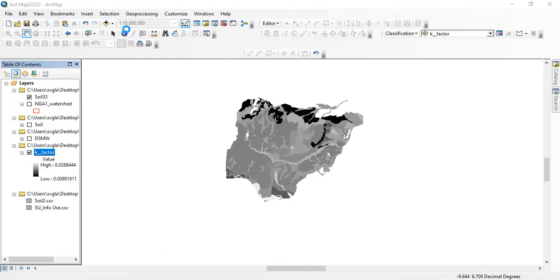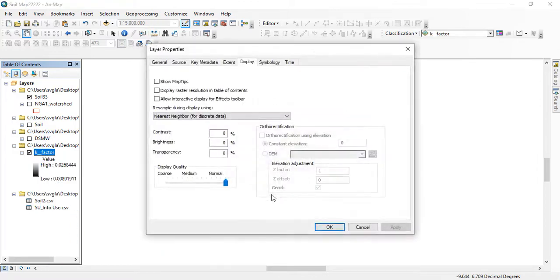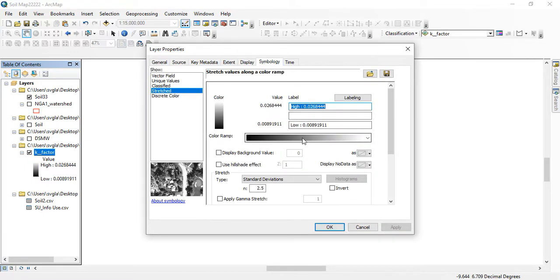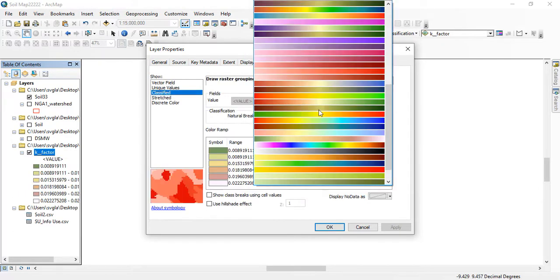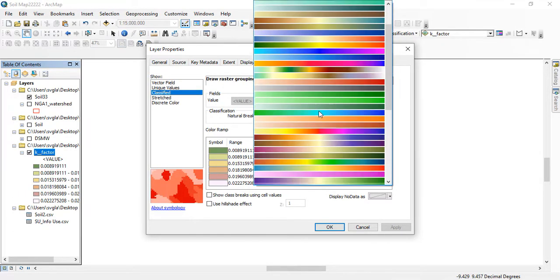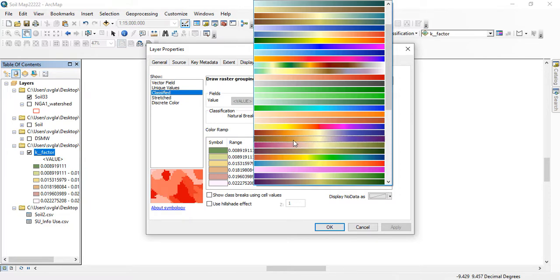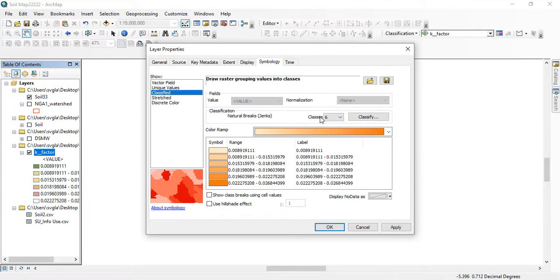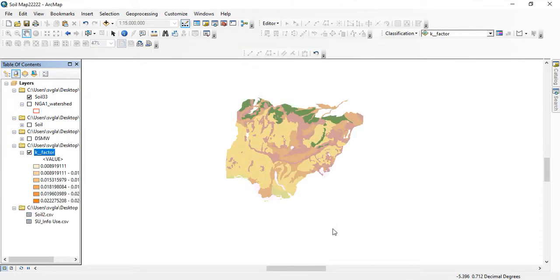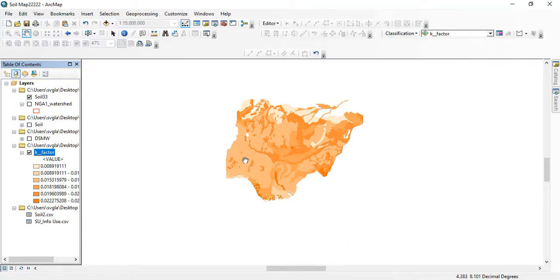I'm going to symbology to give it a color ramp. So this is the soil erodibility map.